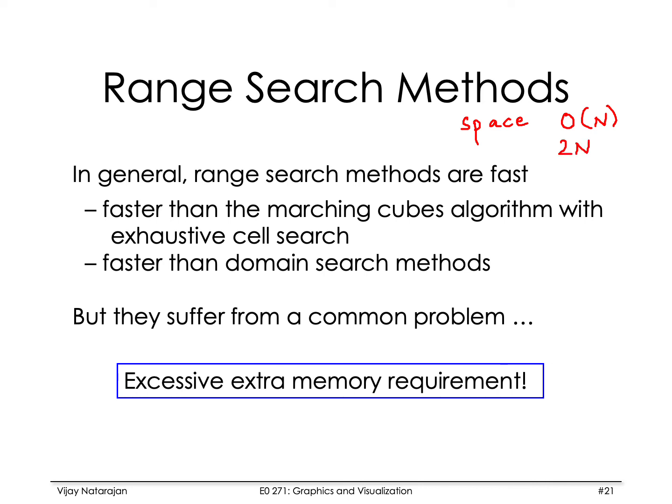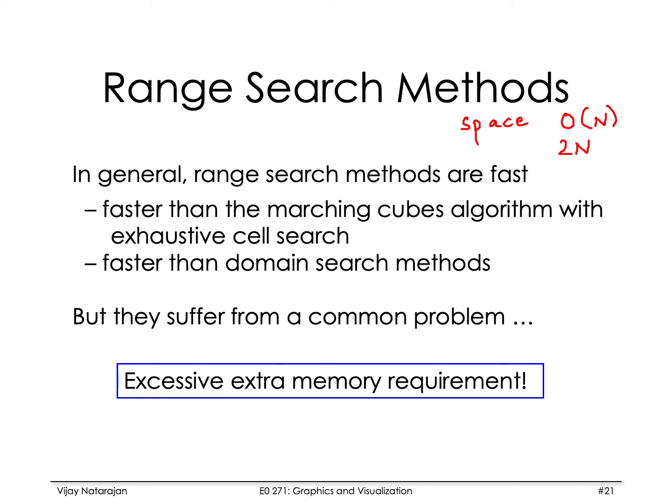So recall that each interval was stored twice, once in increasing order of min and once in the decreasing order of max. So the space requirement is 2n. While this does not look too bad in the worst case, note that n can be quite high, and this 2n is additional space that you need. So additional in the sense that you need to store your data, and just to support the isosurface extraction, you need an additional 2n space.